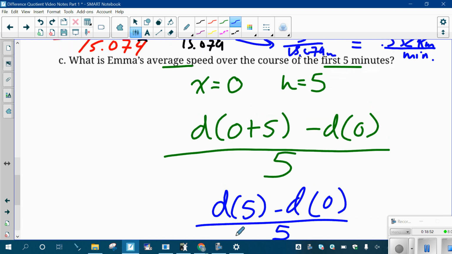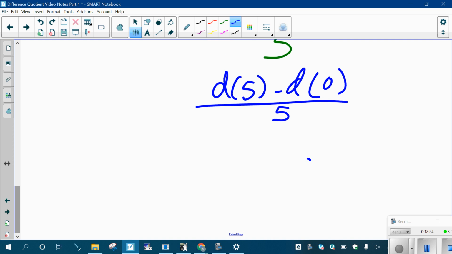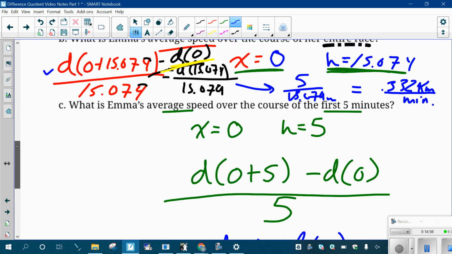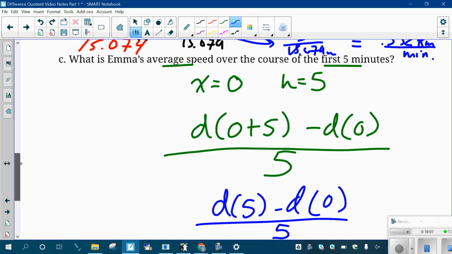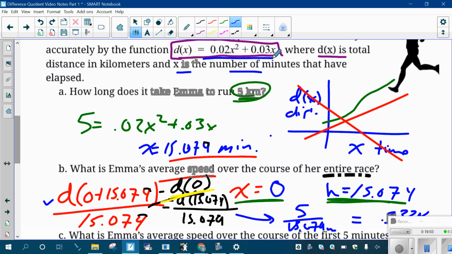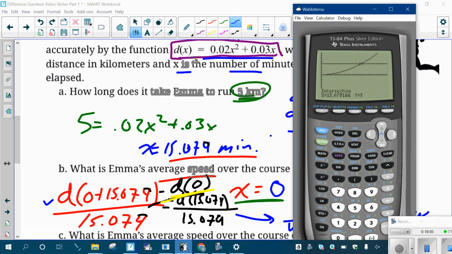How far had she gone after 0 minutes? Well, 0. You could plug that into the function and see. How far had she gone after 5 minutes? I'm going to plug 5 into my function. Grab your calculator. Plug in 5. What's 5 squared? It's 25. Even I know that.